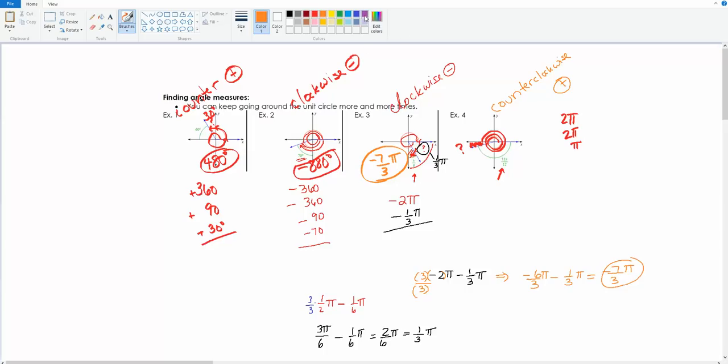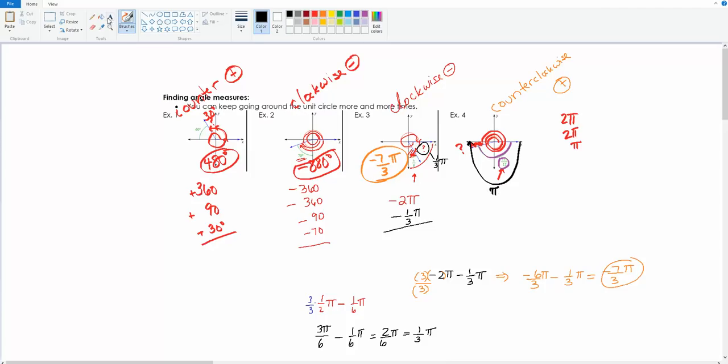Well, let's see. What do I know? I know that from here to here is this. And I also know, I'm trying to pick a color that's going to stand out, try black, I also know that the full half circle happens to be pi.